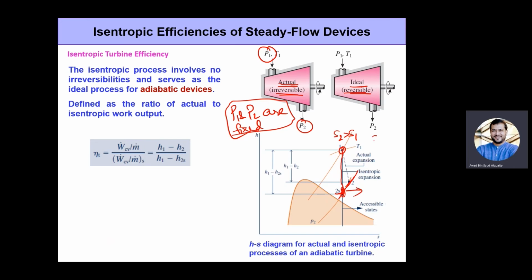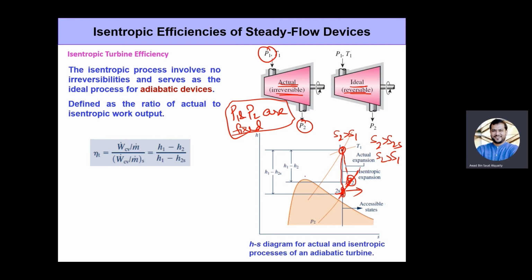The entropy at 2 should be greater than the entropy at 2s, and greater than the entropy at 1, right? And therefore, when you draw the process line for any actual process where there is irreversibility happening, it'll appear somewhere on this line. And here we have the point 2 appearing right here.